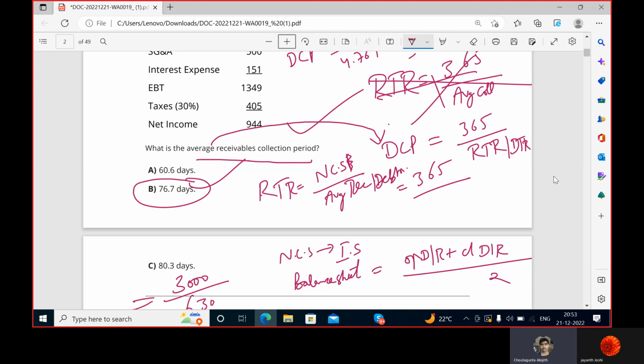Now post which, the debtors collection period would be 365 divided by the turnover ratio.